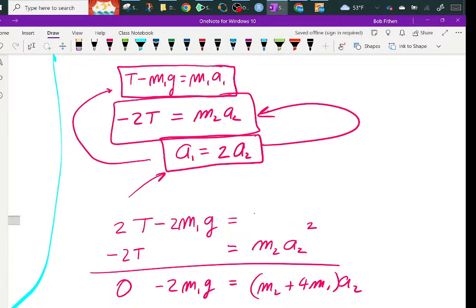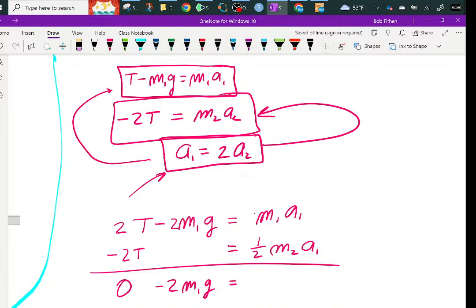So it's M1, A1, and then take this one and A2 would be half M2, A1. That would make this different. Wouldn't affect anything over there. But then I got to multiply the whole thing by 2.